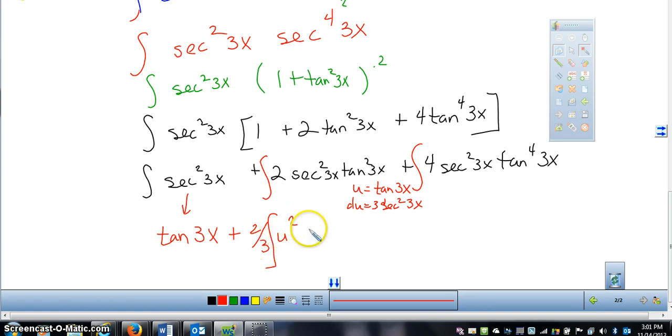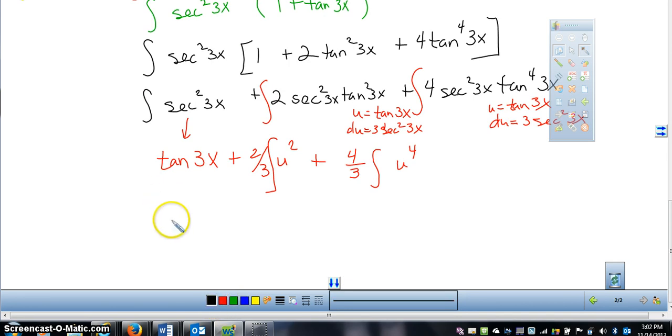Plus 2/3 u squared plus, if I let u equal tangent of 3x here, du is going to be 3 secant squared again of 3x. So plus 1/3 times integral of u to the fourth. And then we will just integrate that.